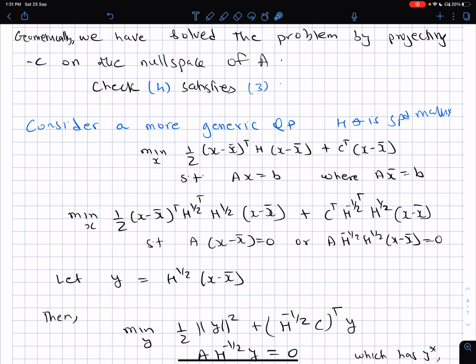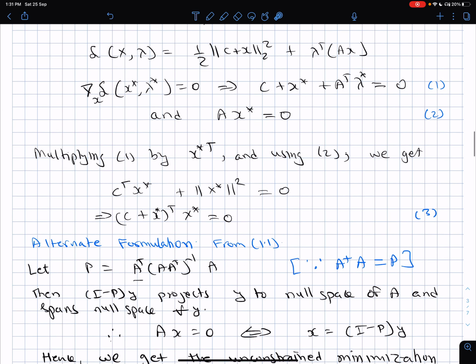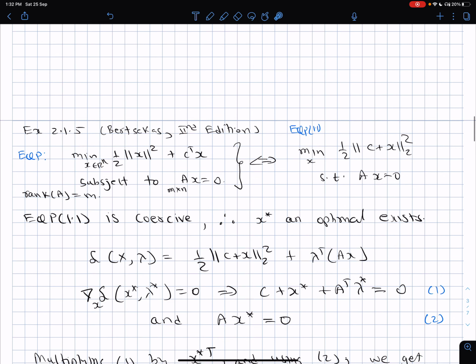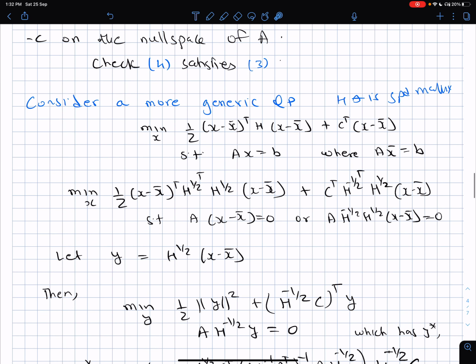Now, basically what I want to do is transform this problem, the one which I have been given, into this particular problem. So what I have done is, first, by writing this as H to the power half into H to the power half on both sides, I can use a transformation y of the form H to the power half into (x minus x bar) is equal to y.